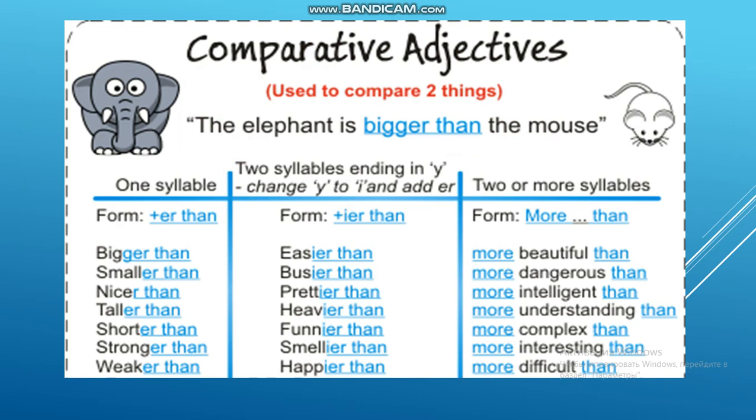And if the adjective consists of 2 or more syllables, we add the word more before the adjective. For example, beautiful, more beautiful. In comparative sentences, we use the word than after the adjective. It is translated into Kazakh as salstırganda.